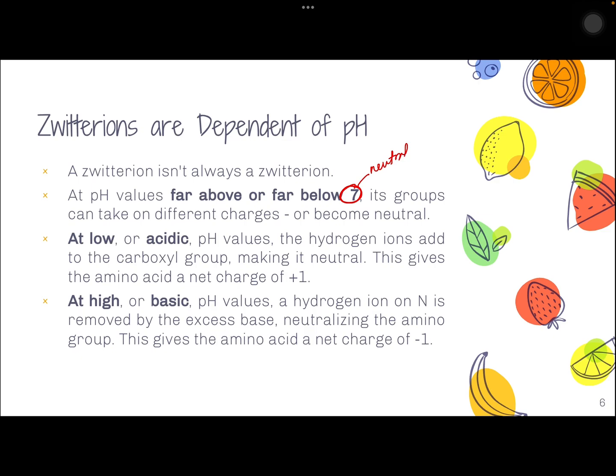At low or acidic pH, a pH lower than 7 is considered acidic. The hydrogen ion adds to the carboxyl group, making it neutral. This gives the amino acid a net charge of +1.